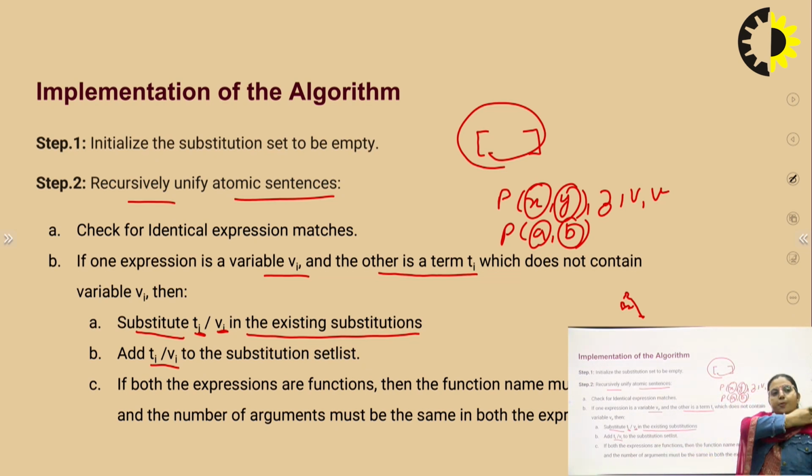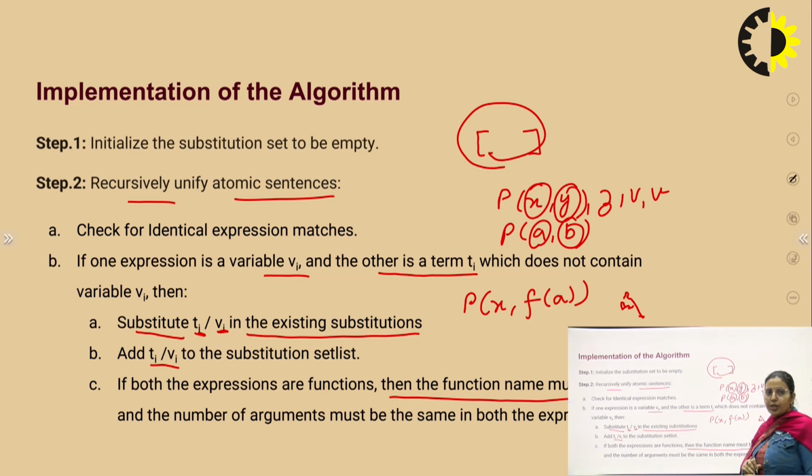If both expressions are functions, the function name must be the same. What does it mean? Suppose expression 1 is P of X comma F of A and the other expression is A comma F of G. First we check the conditions.